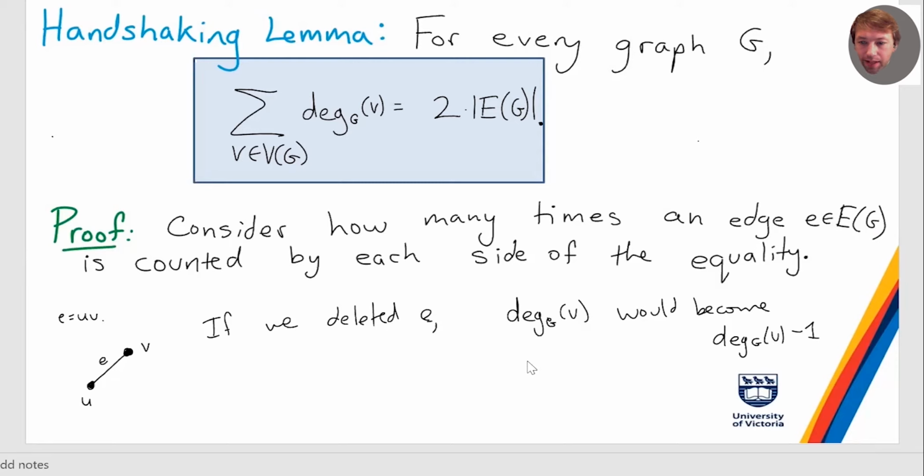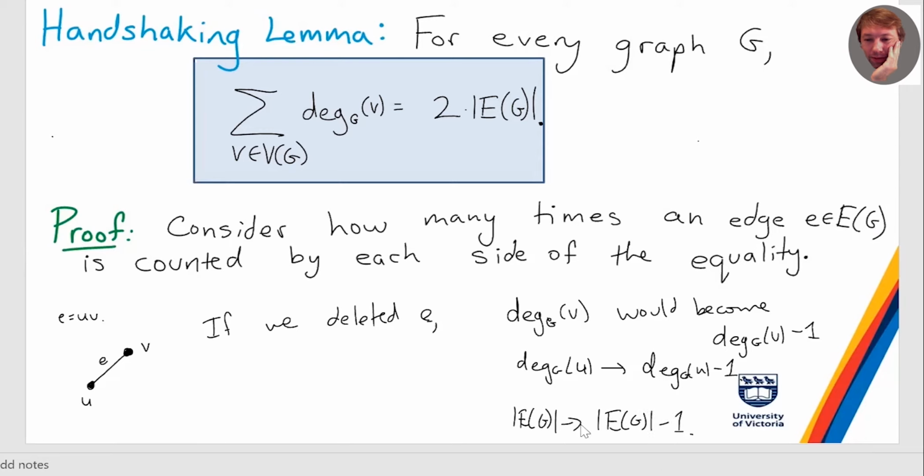And similarly, the degree of u would go to the degree of u minus 1, and nothing else will change. And also the number of edges of G would become the number of edges of G minus 1, right? The arrows I'm drawing here just mean "would become"; I just don't have enough space in the slide to write all the words. But yeah, so both sides would decrease by 2.